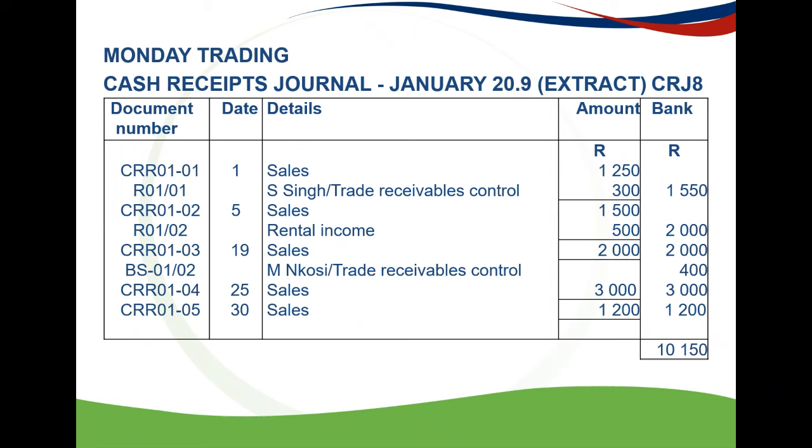So on the first, we had sales. Then we had a payment received from a debtor. Then we had sales again, rental income, sales, a debtor that paid us, and then sales, cash sales and cash sales. So our provisional total for the month of January was 10,150.